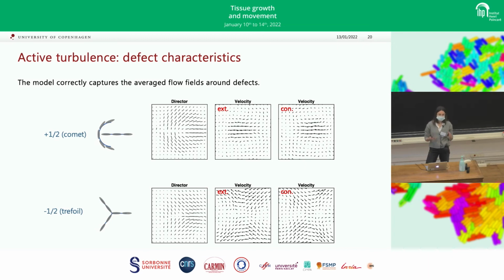So for director field, we can correctly capture the shape of the defect. So we have comet and trefoil. And also for velocities, for the plus half, you can see that you can have a switch of the movement, whether it is from head to tail or tail to head for extensile and contractile activities.